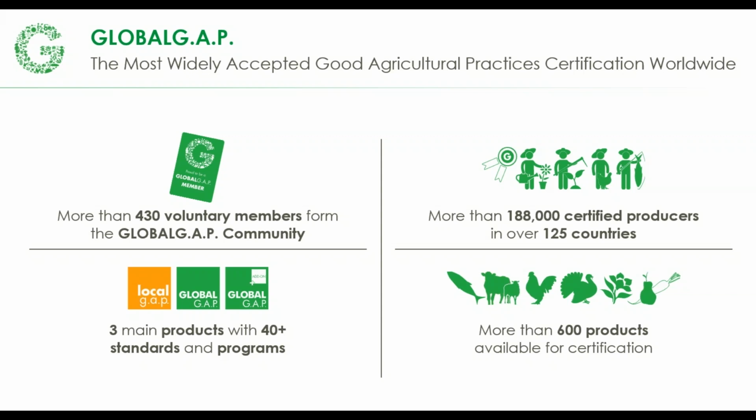We work with three main product or standard sets, but under those there are 40 and more standards in individual programs, and we touch 600 different products. So we have a broad reach and quite a bit of experience, 10 years of experience applying this group certification approach.